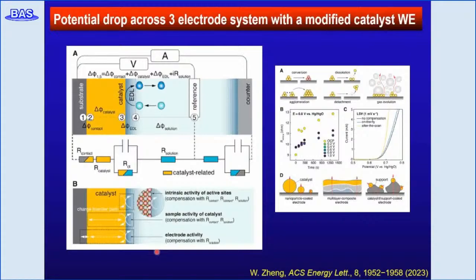When a modified catalyst working electrode is used, there are many different contributions to the resistance. Therefore, it is important to know how the IR compensation takes place. Generally, in post-scan IR compensation, the Ru is assumed to be constant, and the value is often measured at OCP, open circuit potential, where no current flows and no catalytic reaction occurs.